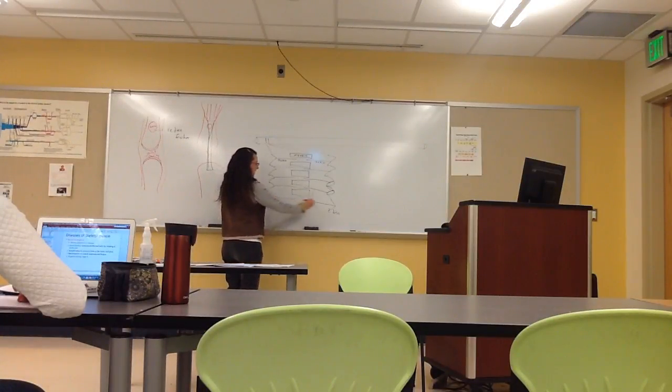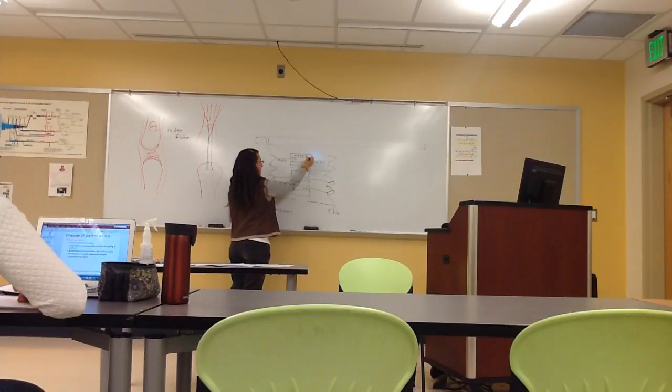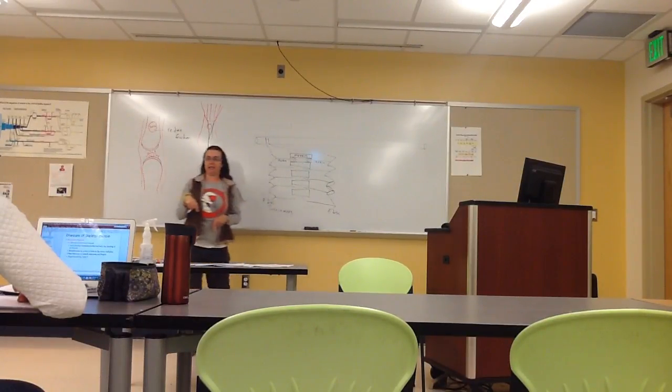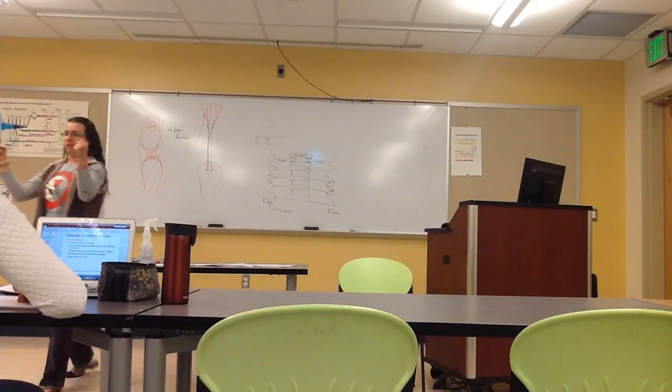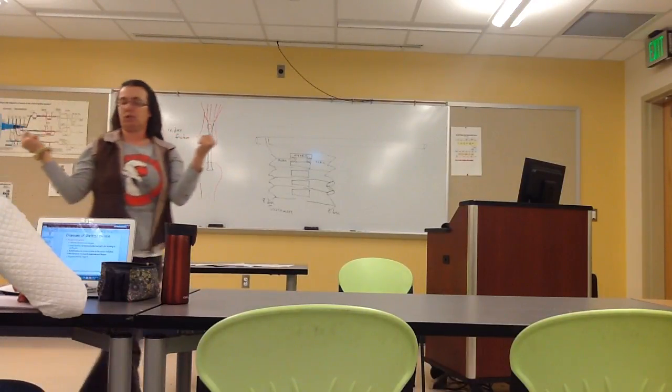And so from here to here, that is a sarcomere. And the myosin will have these heads on it. And the myosin heads will bind with the active site on actin, and then what happens when we're talking about a contraction?